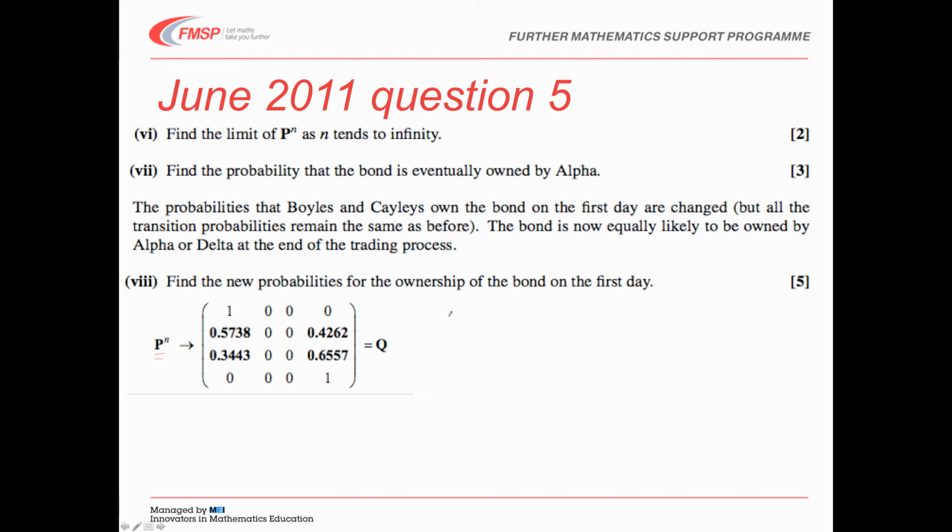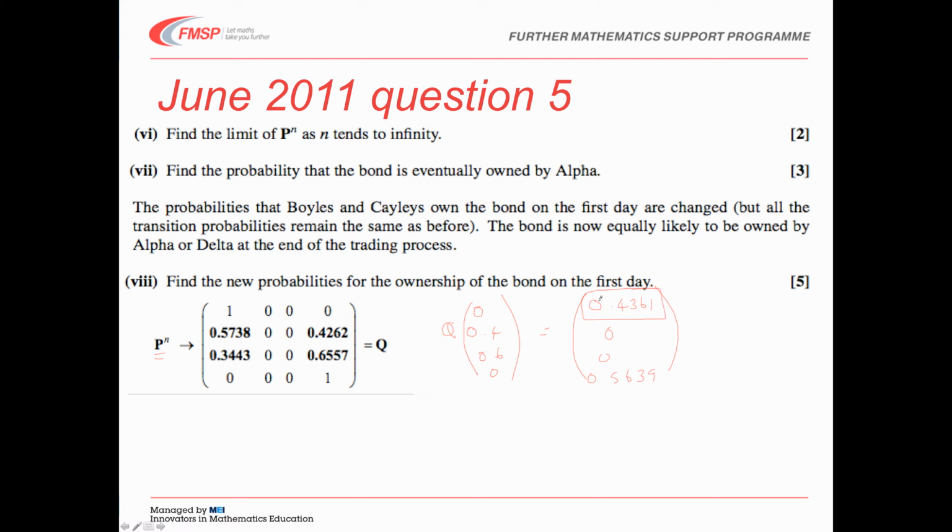So if we look at that Q and we multiply it by our initial state, 0, 0.4, 0.6, 0, that will give us quite clearly this vector 0.4361, 0, 0, 0.5639.